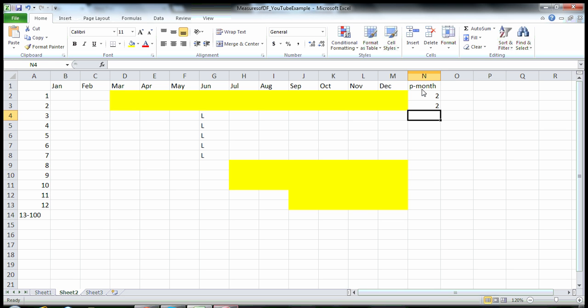Our next set of 5 were lost to follow-up on June 1st, so they were all contributing time at risk during January, February, March, April, and May, so that's 5 months for each of them. Our 3 individuals who developed disease on July 1st each contributed 6 person months of follow-up. And finally, for those 2 who developed disease on September 1st, they contributed 8 person months.